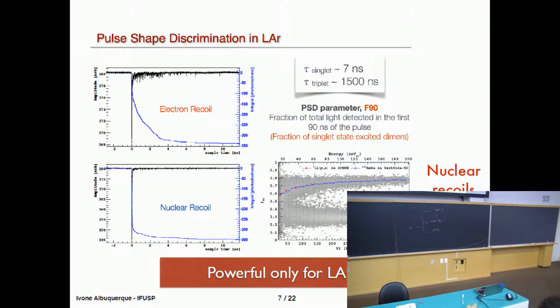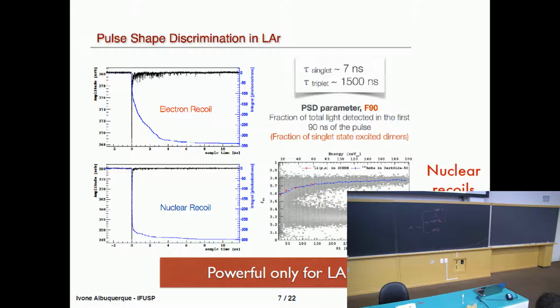This comes only from the prompt light, the S1 signal, and so you have a short decay and a more long decay. And it happens that the nuclear recoil has much more of the singlet decay time than the electron recoil, so the fraction of light that's promptly detected, that is within 90 nanoseconds of your detection, is very different for nuclear and electron recoils.